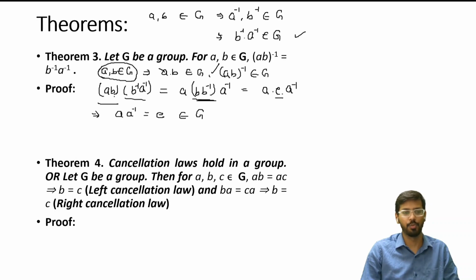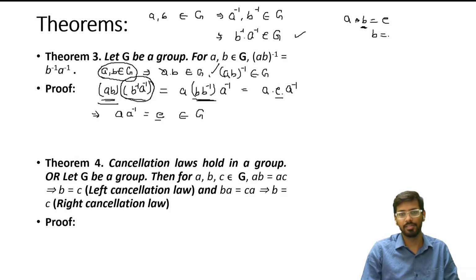अगर किसी ग्रुप G के दो एलिमेंट AB और सेकेंड एलिमेंट B inverse A inverse, अगर इन दो एलिमेंट को ऑपरेट करते हैं तो हमें आइडेंटिटी एलिमेंट मिल रहा है. इसका मतलब ये जो एलिमेंट है वो इस एलिमेंट का इनवर्स है. Remember that we have proved that A star B is equal to E, matlab B is an inverse element.